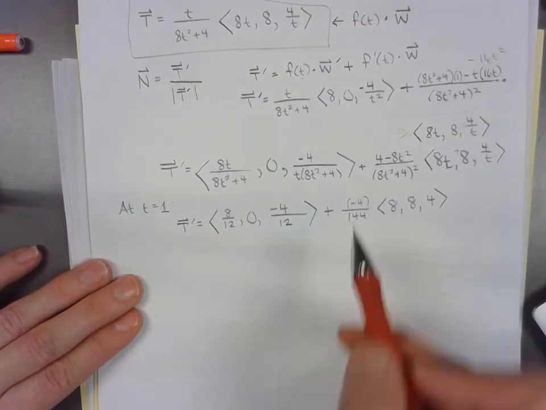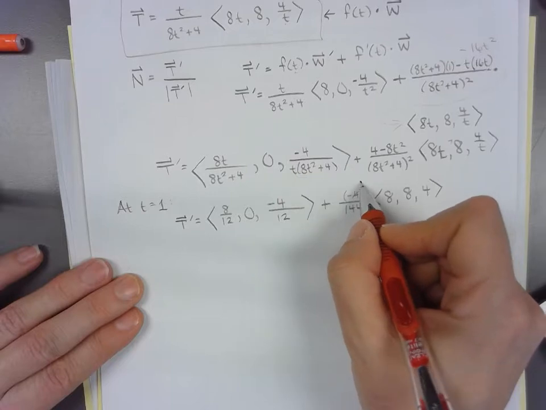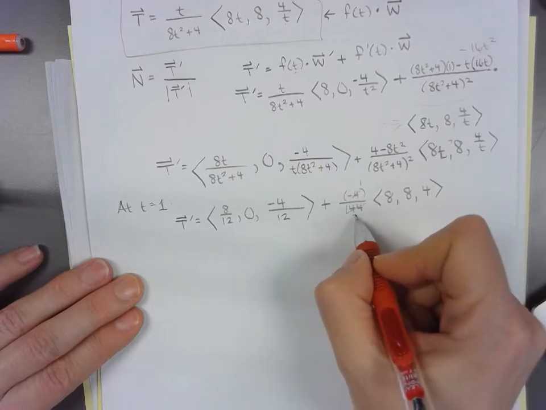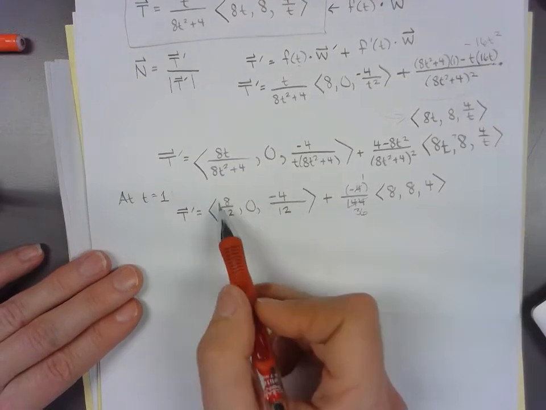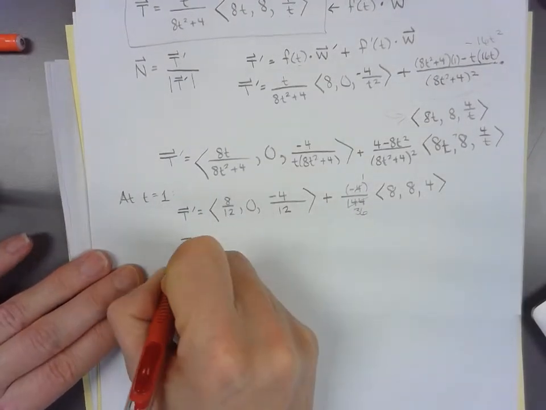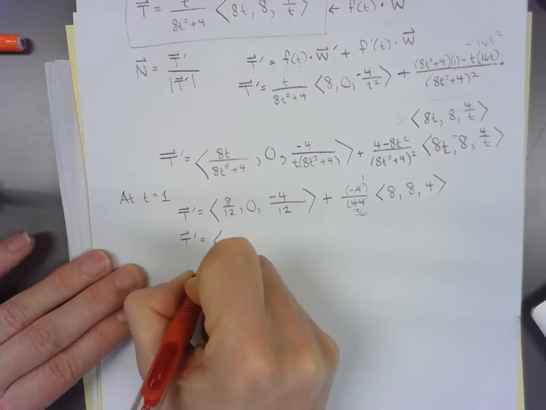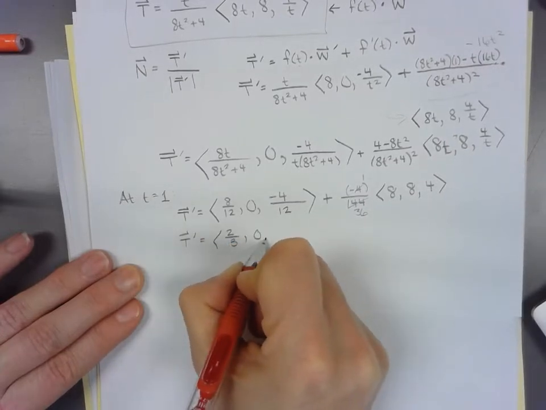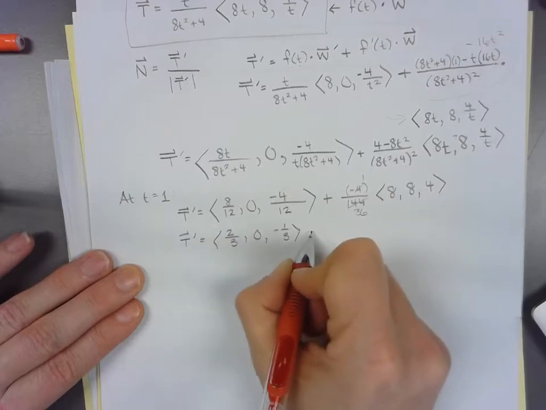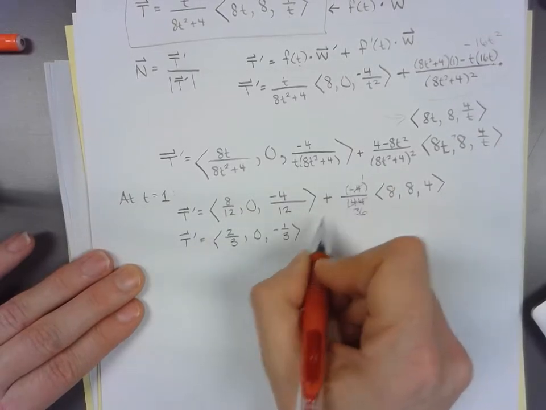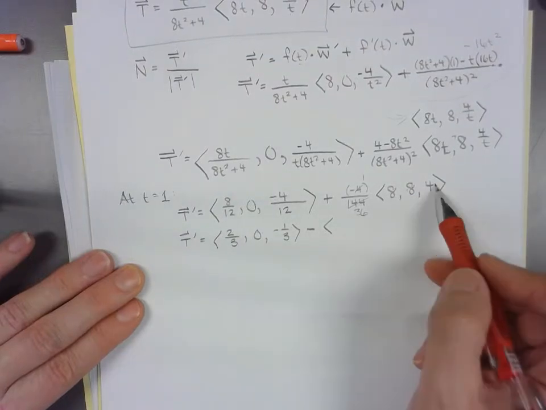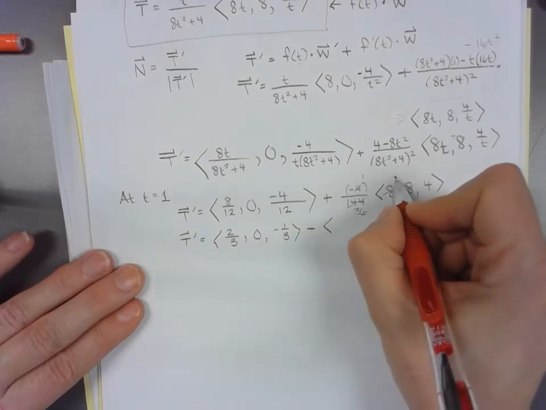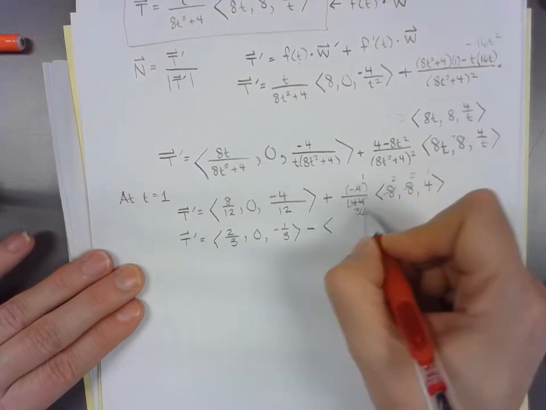Okay, 4 goes into 144 36 times. Yep, and so 8 12ths, those both simplify. So 2/3, 0, negative 1/3. And then don't forget the negative here, so I'm just going to write a minus there. 4 goes into everything in the second part. 4 goes into 8 2 times, 1 time, 4 goes into 36 9 times.